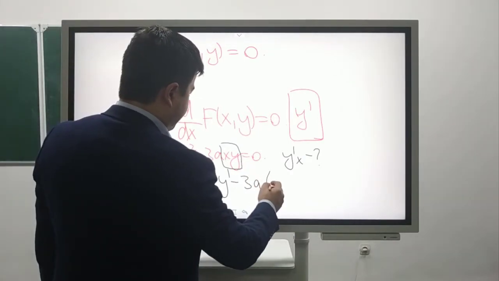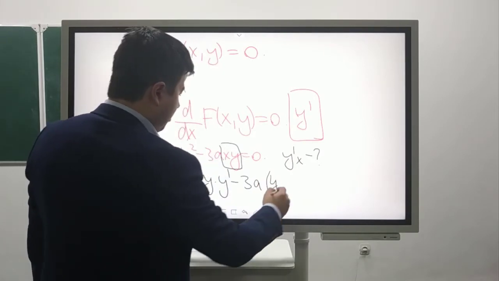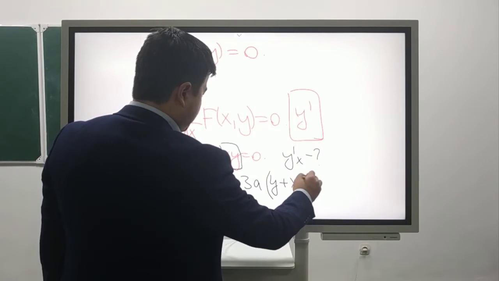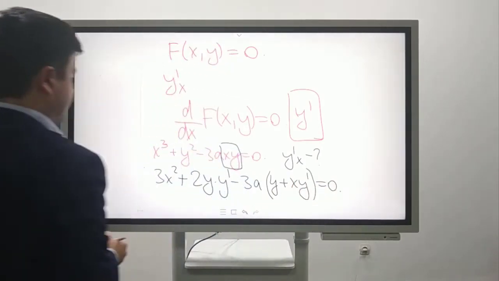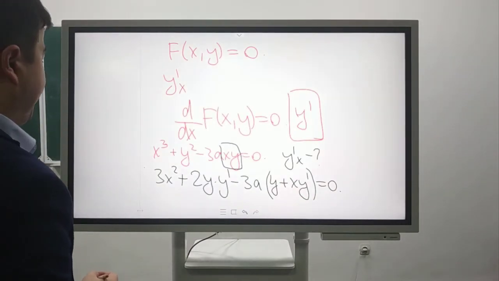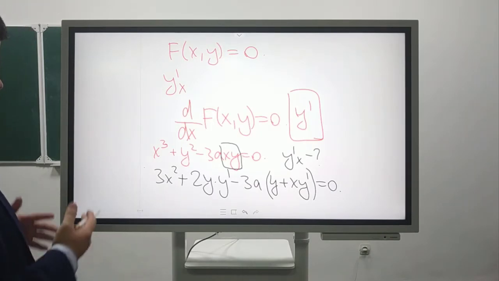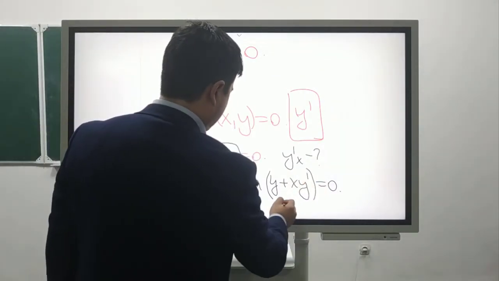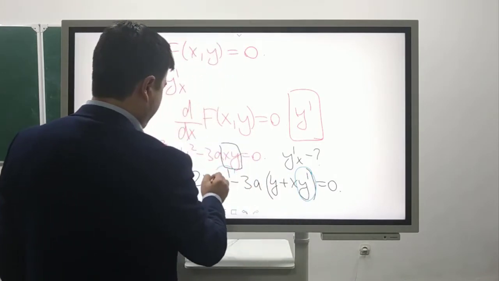So here we have the derivative of x, which is y, plus x times y derivative, and it's equal to 0. And now we can find from this equation y prime.